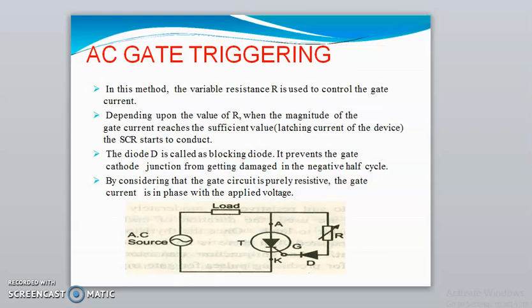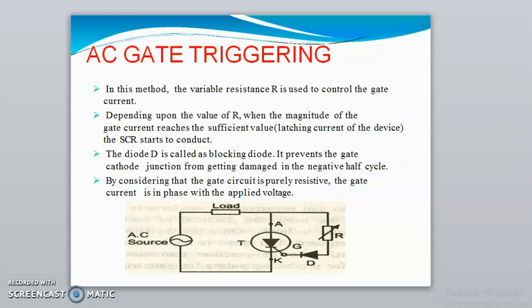The main advantage of this pulse gate triggering is that there is no need to apply continuous signals, so it will reduce the power losses at the gate terminal, because when we are applying one pulse signal to the gate terminal of the SCR, then the current will flow only for that particular moment. Then for the next pulse signal, again the same process.